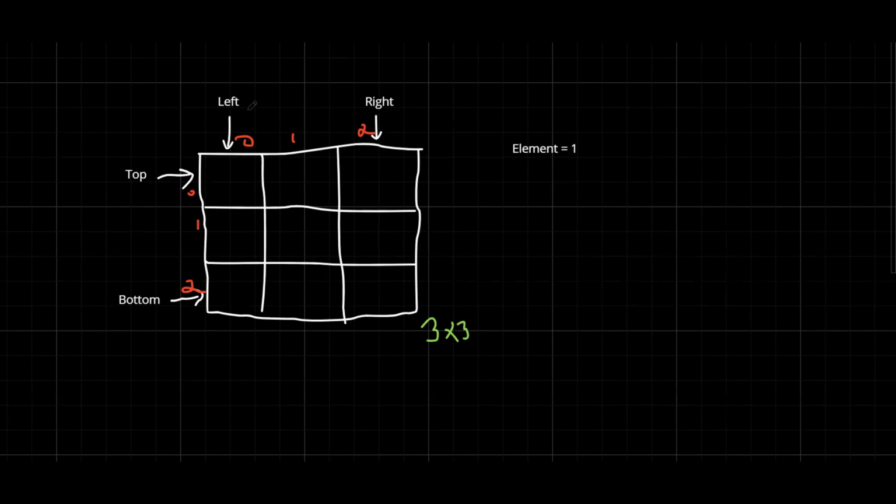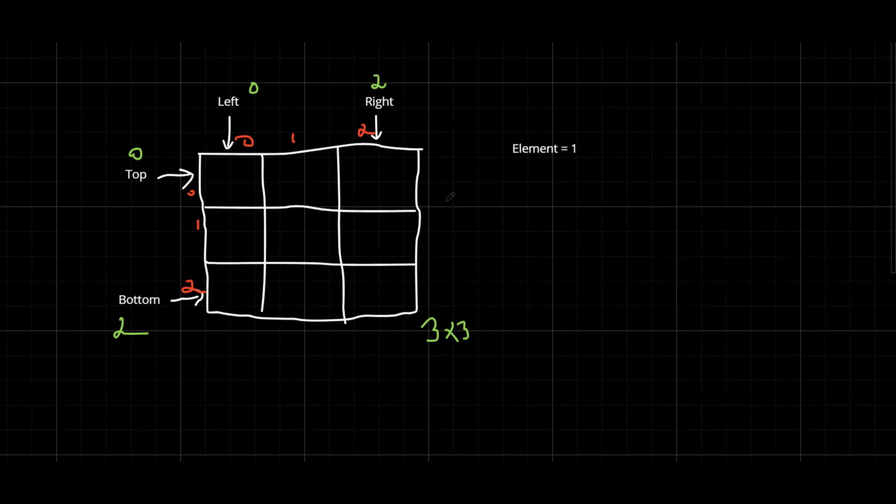Now at first, the value of left is 0 and the value of top is 0 and the value of right is 2 and the value of bottom is 2. And the index positions of this matrix start from 0, 1, 2 and 0, 1, 2.